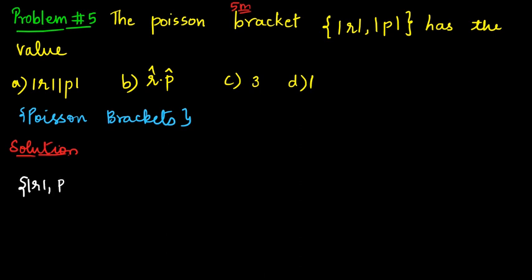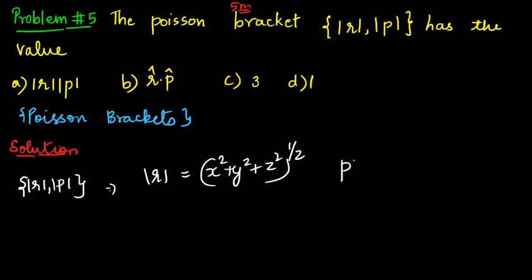r cap, modulus of r and p. So I can write my modulus of r as x square plus y square plus z square, the whole power half, and mod of p will be px square plus py square plus pz square, the whole power half.